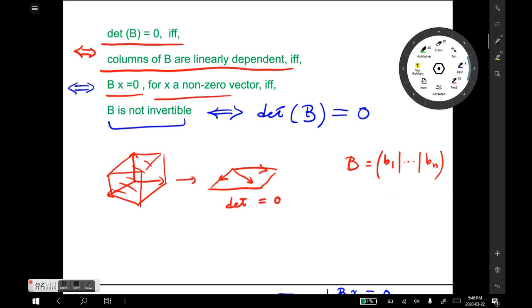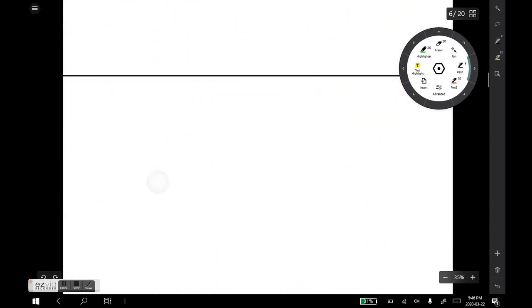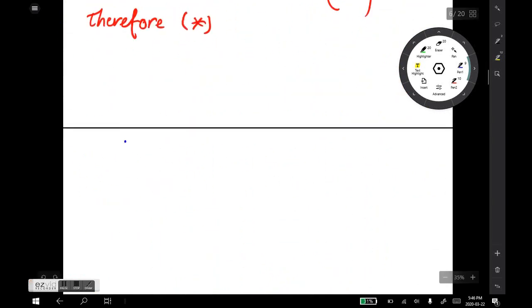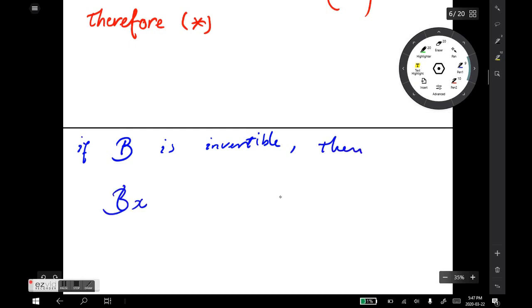But let's make a remark on this one, which is very easy. I want to say that if B is invertible, then Bx equal to 0 implies that x is equal to 0.